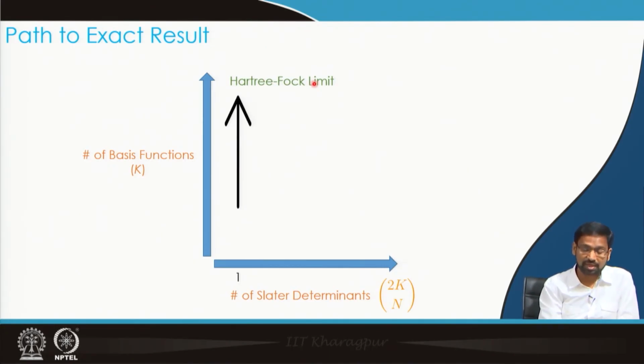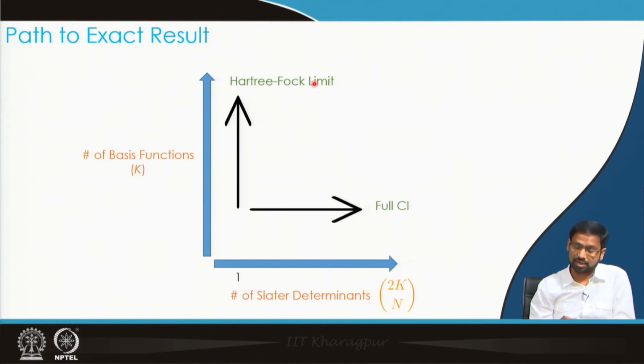But now we know that there is another dimension along which we can progress. Suppose I do this only for a given value of k basis functions, and naturally I will keep my k low and take all the Slater determinants that are possible. Of course, the number of Slater determinants rises significantly when I have large k, so I am going to do it for a small k.